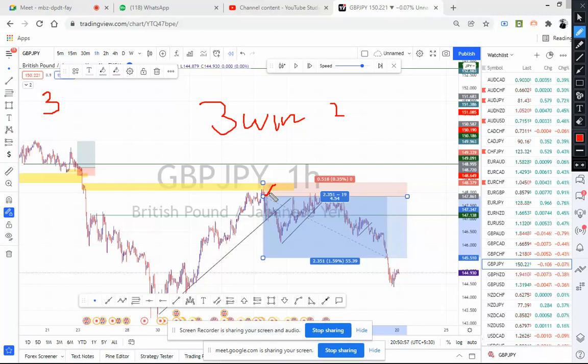This $300 I lost is not the money I invested. It's the profit that I made from $84 to $1,700. Now this $300 I lost is nothing to me because it's not the money I invested. It's the profit I made.